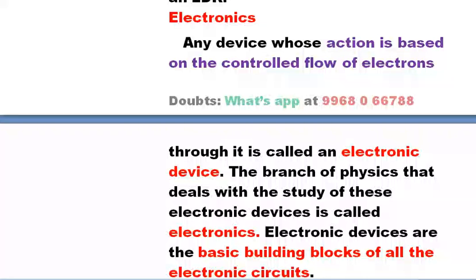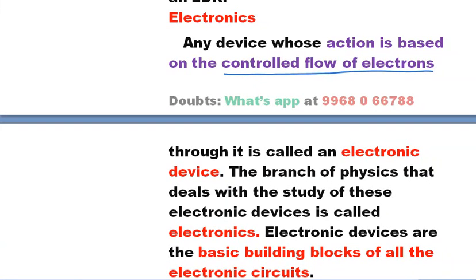First of all, I want to discuss what electronics is. Dear students, electronics is a branch of physics in which we deal with electronic devices. What are electronic devices? Any device whose action is based on the controlled flow of electrons.